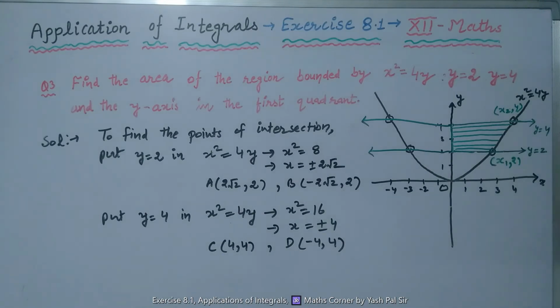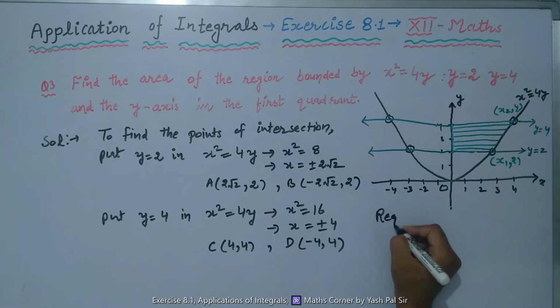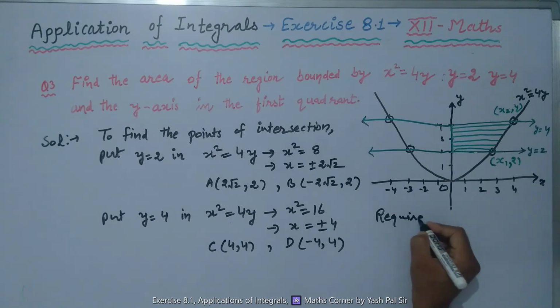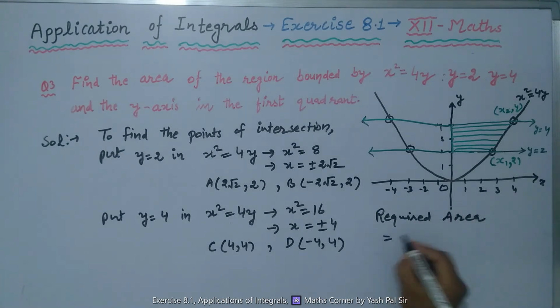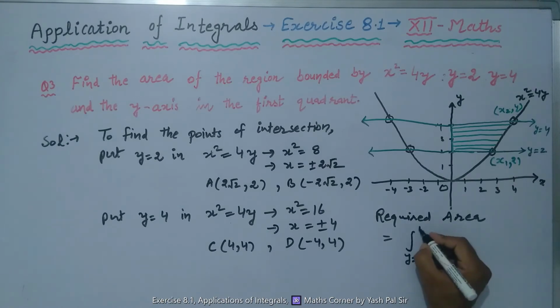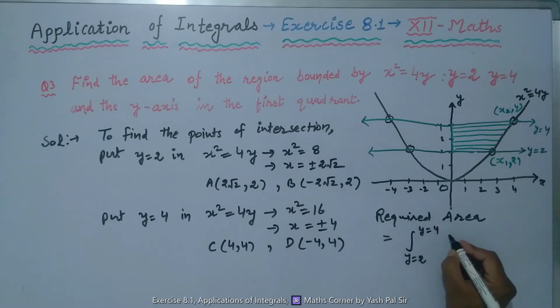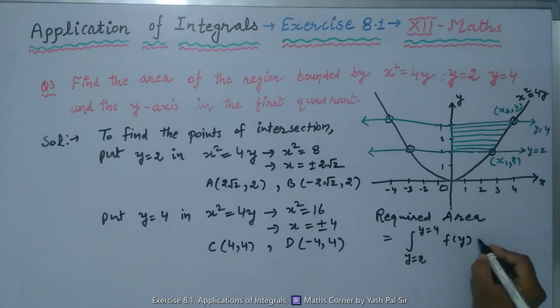So this time required area to find the solution, required area is equal to shaded portion. We can say integral from y is equal to 2 to y is equal to 4, f of y into dy.